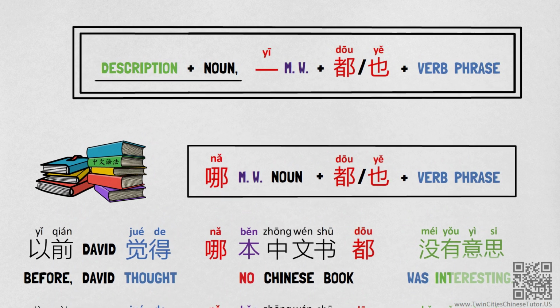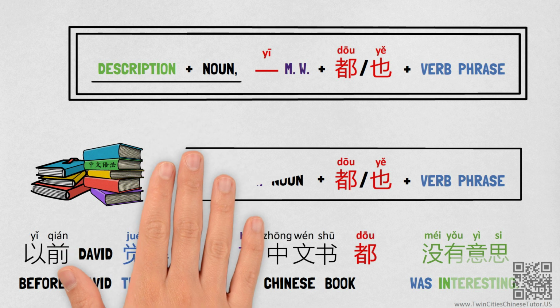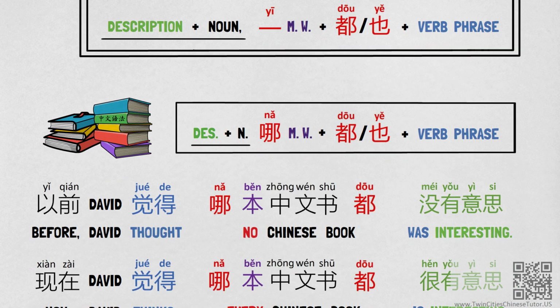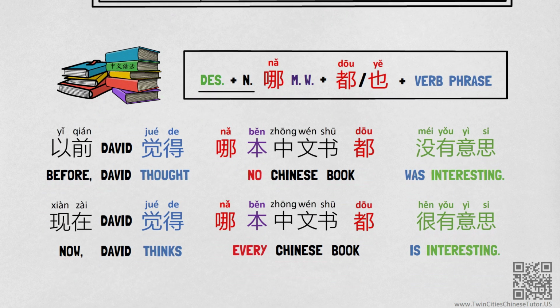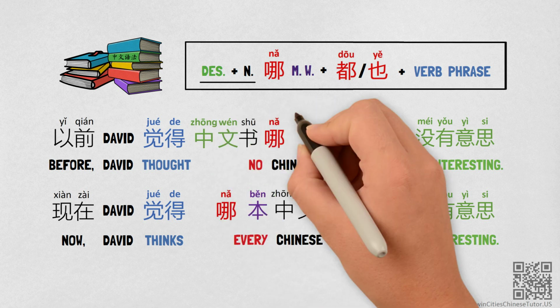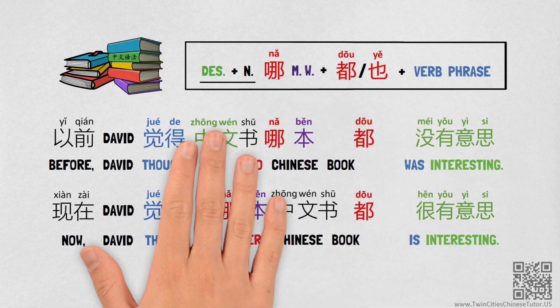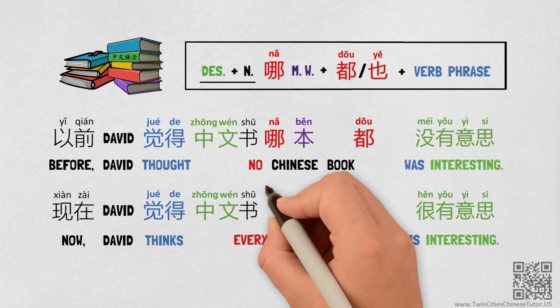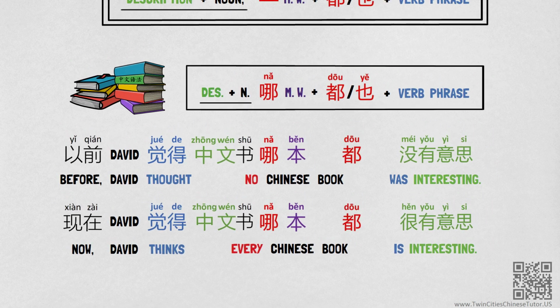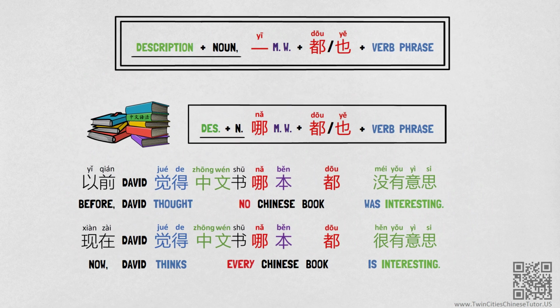So it's common to see a 哪 plus do sentence being rephrased as description plus noun, 哪 measure word, do or ye verb phrase. Following this pattern, we can rephrase the sentence we saw earlier as 以前 David 觉得中文书哪本都没有意思. 现在 David 觉得中文书哪本都很有意思. Even though the meanings remain exactly the same, the phrasing might throw you off if you're not familiar with it.